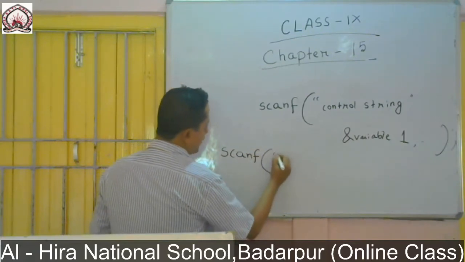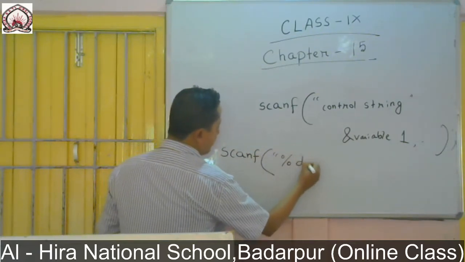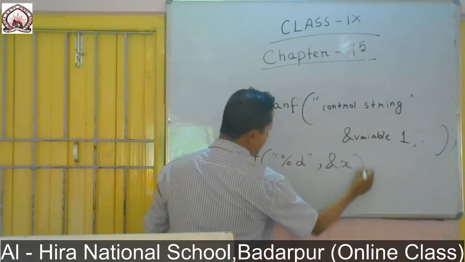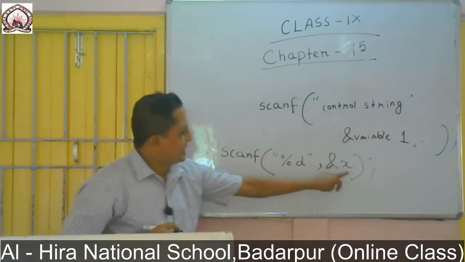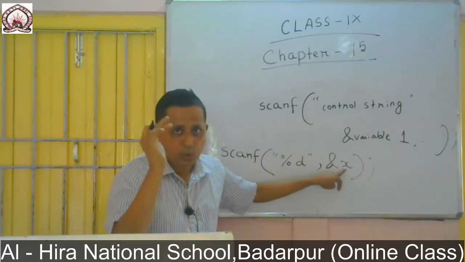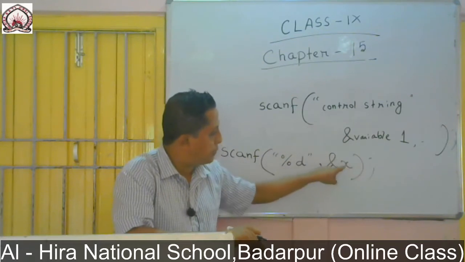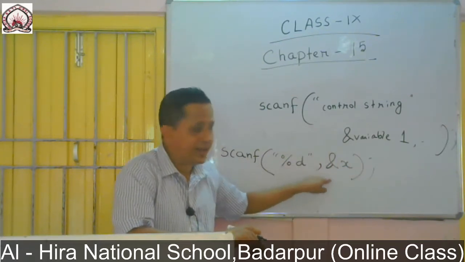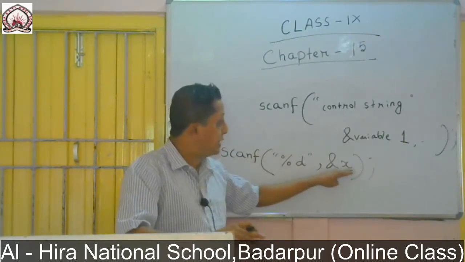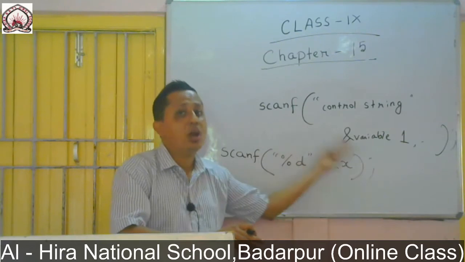See, the control string is %d. %d means integer. Suppose x is a variable, I am giving a value as input, so that particular input will go to the variable x. This is known as the address operator, and the %d represents whether it should be integer, float or character.